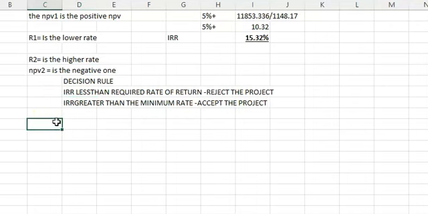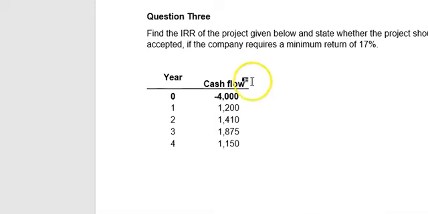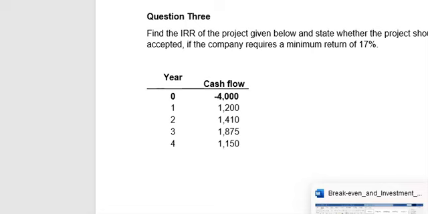So in this case, our decision, based on what we have calculated, we are going to say that we reject this project. The question is saying state whether the project should be accepted. So this project will not be accepted.